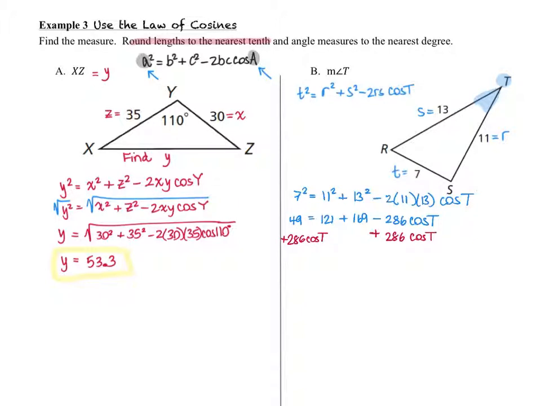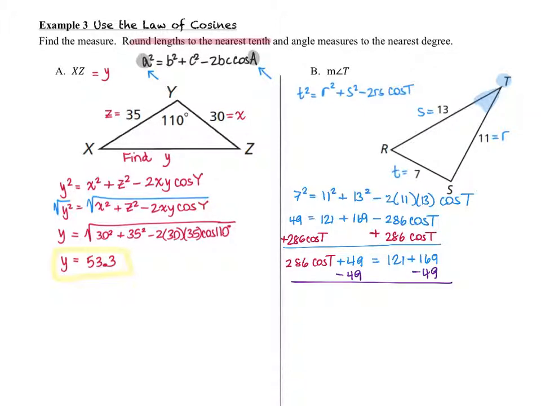And what that's going to leave on the left-hand side is 286 times the cosine of T plus 49, which is going to be equal to whatever's left over on the right-hand side, which is 121 plus 169. Then, of course, we are going to subtract 49 from both sides.